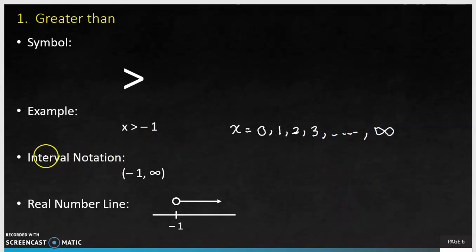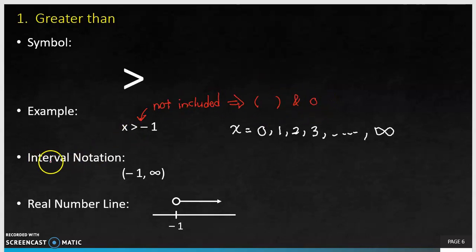So in terms of interval notation, since this is not included, we are going to use a round bracket and a small circle for not included symbol. So this is for interval notation, whereas this is for real number line.